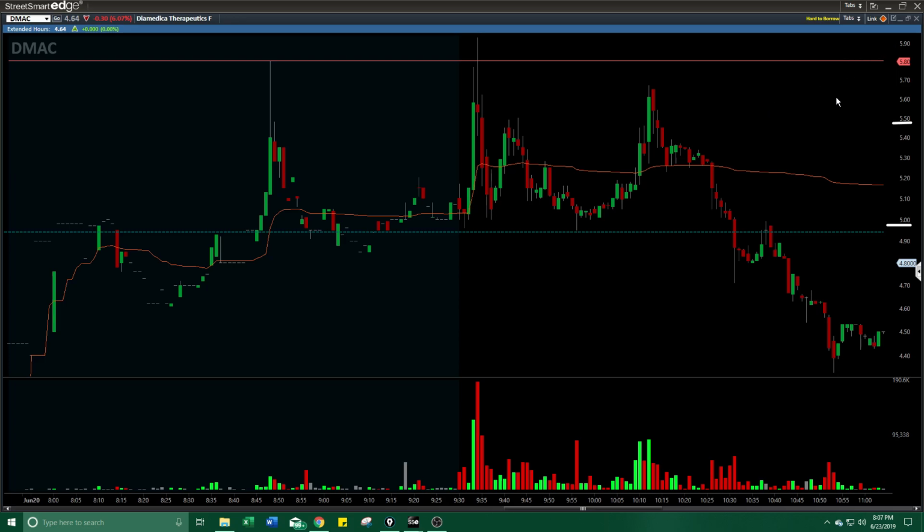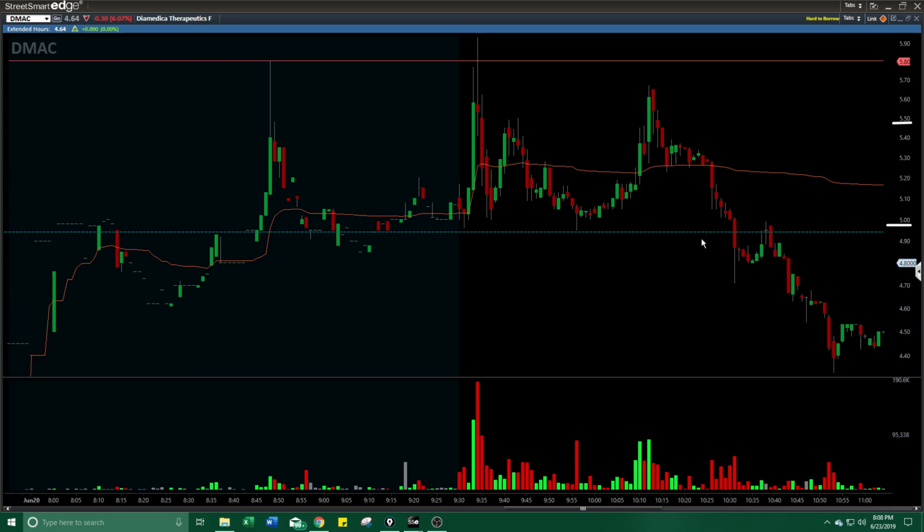Those are always going to act as natural support and resistance because traders like trading around mental areas. The biggest resistance and support levels are always going to be $1 levels, $5 levels, $10 levels, and $100 levels.